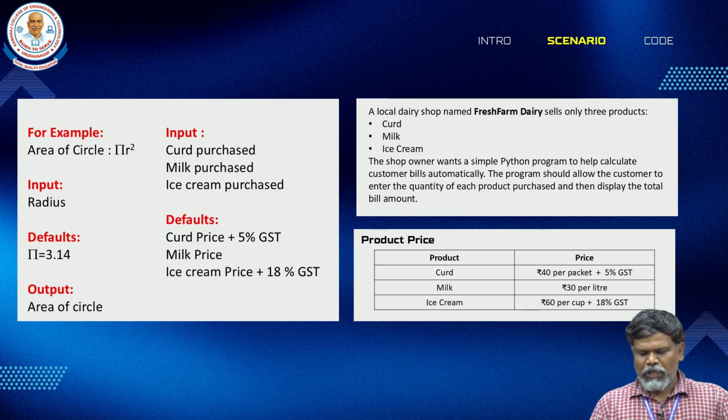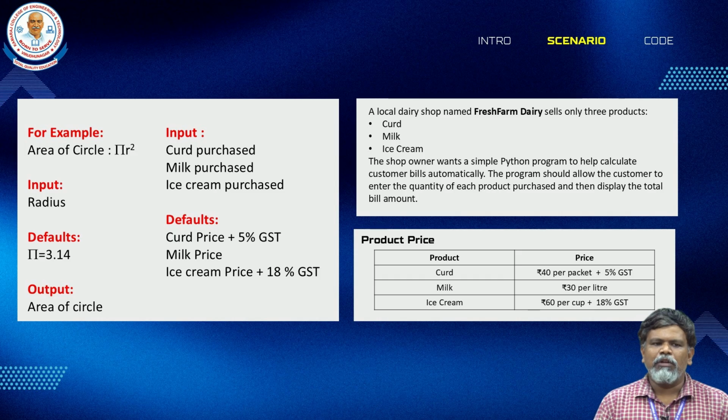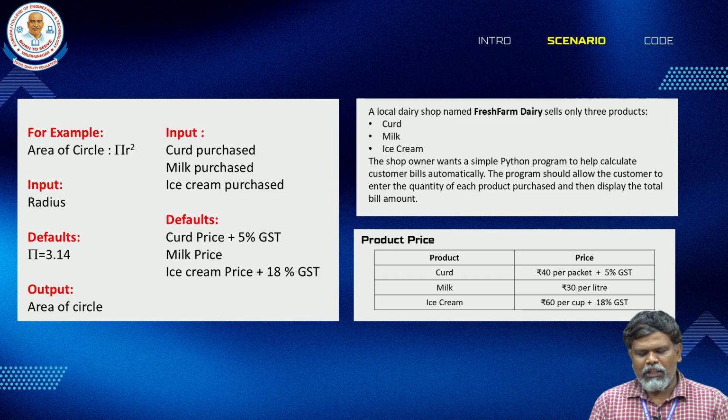For the curd, it is 40 per pack, and the GST is 5%. We have to calculate the GST also, since some places charge GST. The milk price is given as 30, and there is no GST. For ice cream, one cup is 60 rupees plus 18% GST.